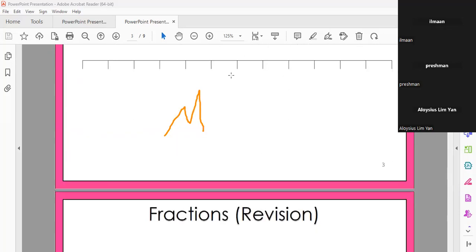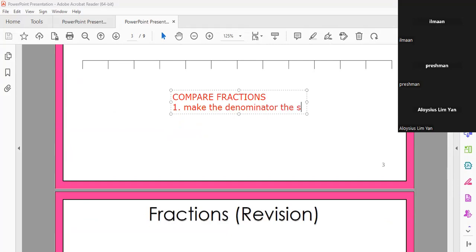For the mathematical approach, write this down if need be. On your module, you want to compare fractions. What are the steps? Step 1: make the denominator the same. That's your job. First thing is make the denominator the same.